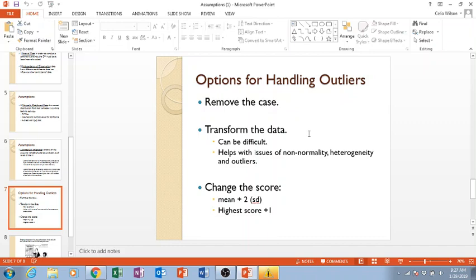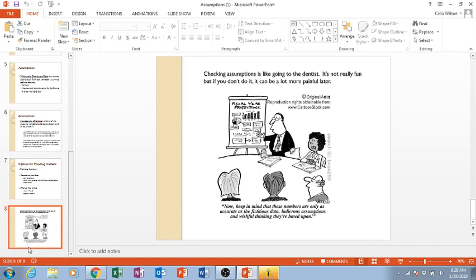There are things that we can do, and do so ethically, to help you meet those assumptions so that you can proceed with whatever data analysis you want to do. Okay, so the next thing we'll do is pull up SPSS and go through a check of each of these assumptions to show you what it looks like as you compute it on SPSS.